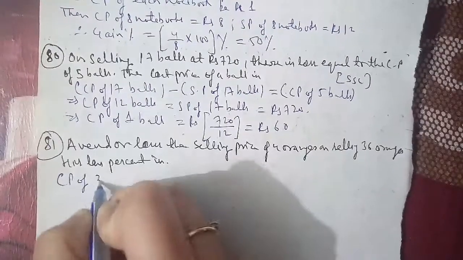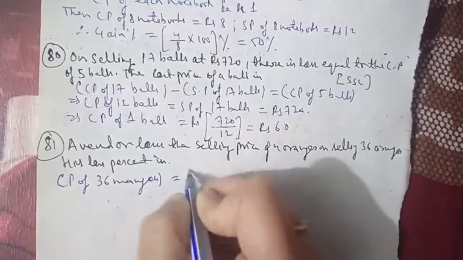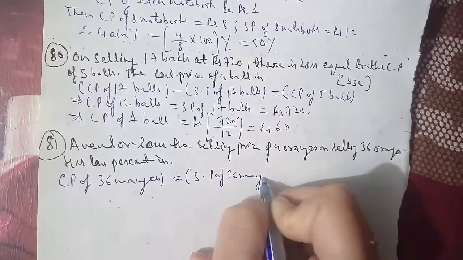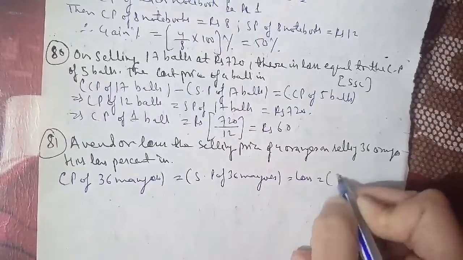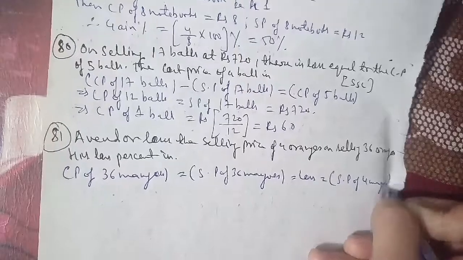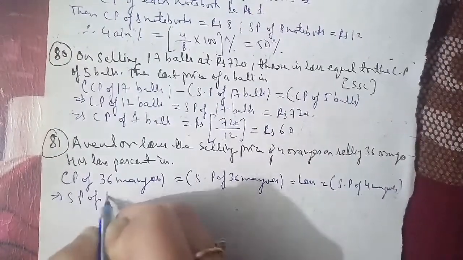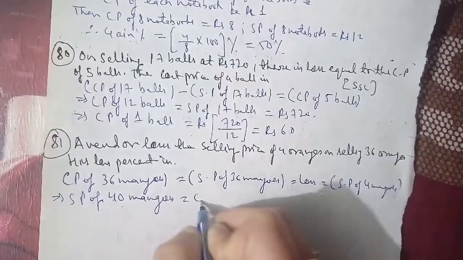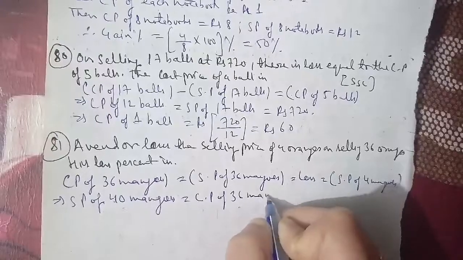CP of 36 mangoes equals SP of 36 mangoes plus loss, equals SP of 4 mangoes. So SP of 40 mangoes equals cost price of 36 mangoes.